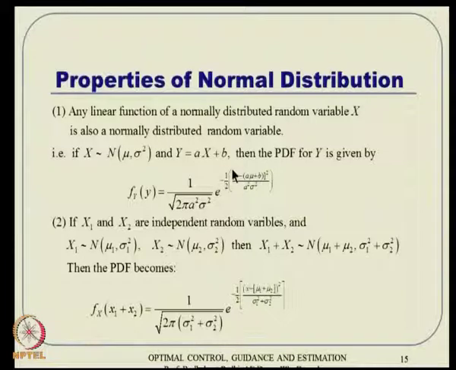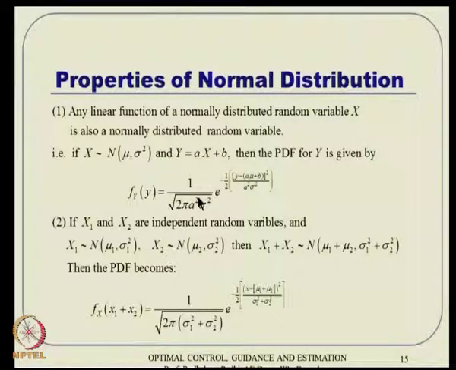There are properties of the normal distribution. If I construct another random variable as a linear function of the original random variable, something like y equal to ax plus b, then I can directly write the PDF of y.